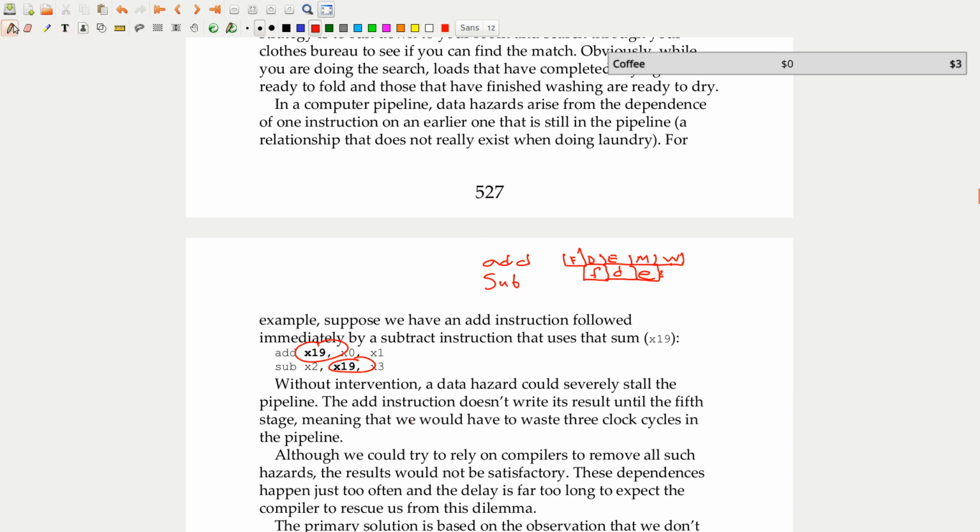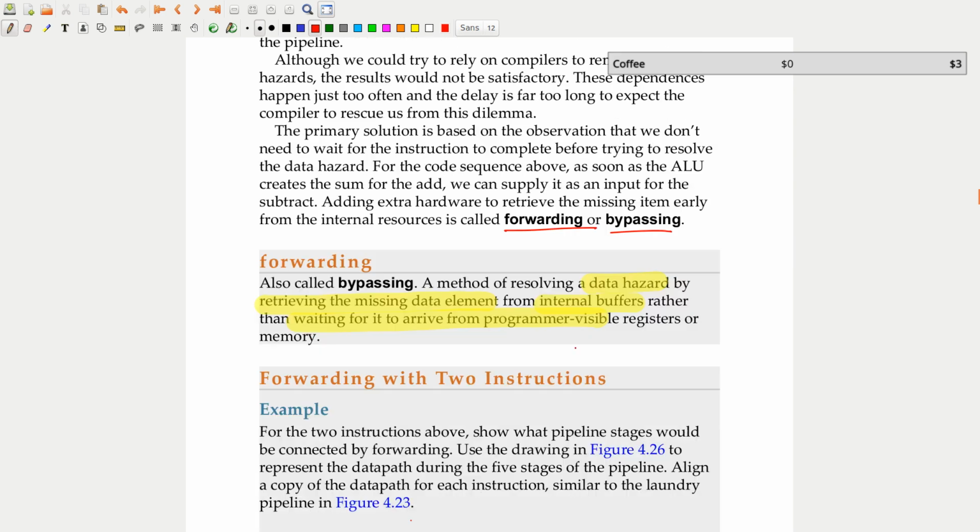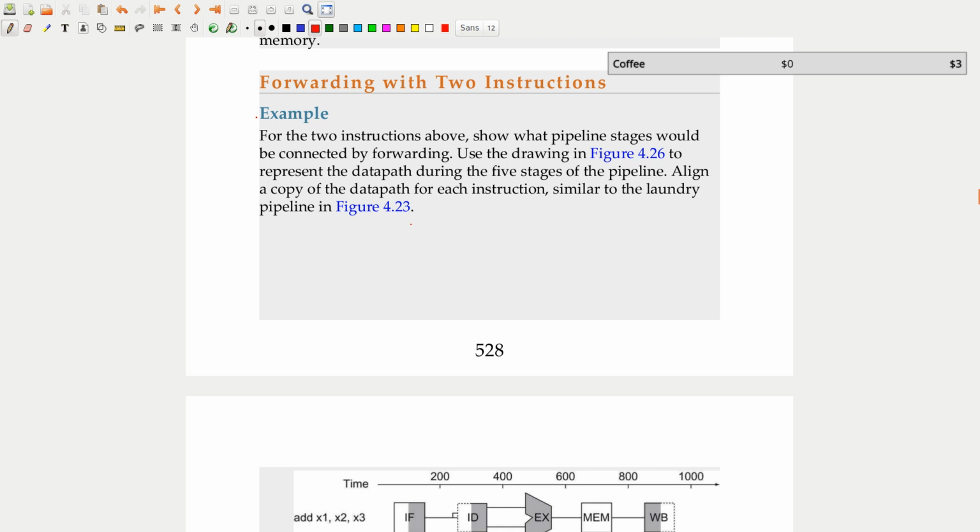We finished calculating x19 after execute, so we should be able to just forward this data immediately to the next stage, to this execute. That's going to take a little bit of modification for our control in order to do that. So let's look at forwarding with two instructions.